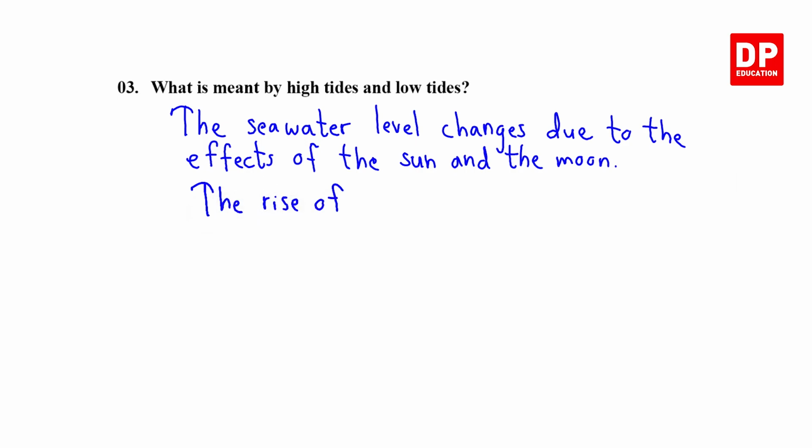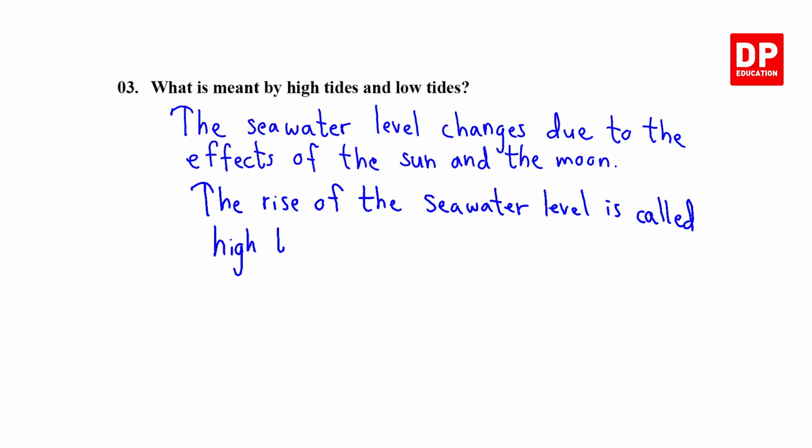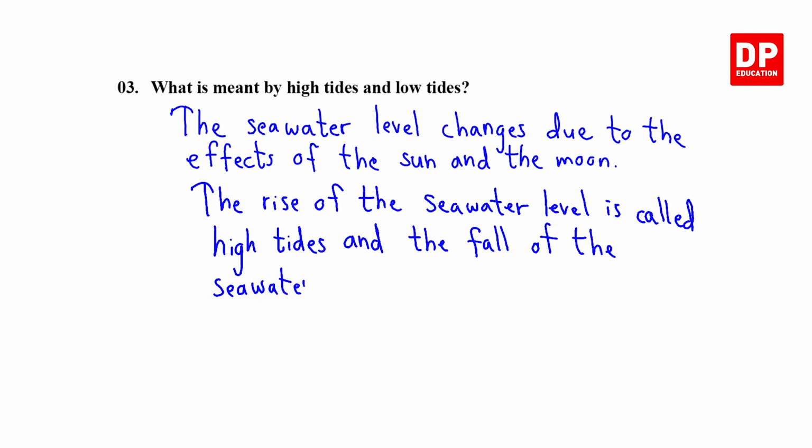The rise of the seawater level is called high tides, and the fall of the seawater level is called low tides.